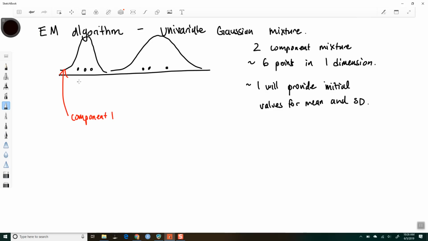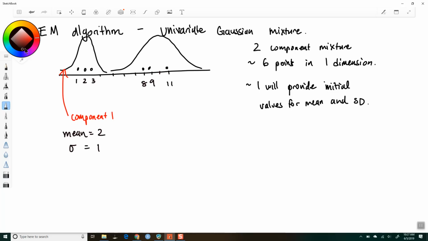I'm just making up points here. So let's say this is like 1, 2, 3, 4, 5, 6, 7. Okay, and so this would be like 8, 9, and 11 or something like that. Okay, so I'm going to say component 1 has mean equal to 2 with standard sigma equal to 1. I don't know, I'm just making stuff up.